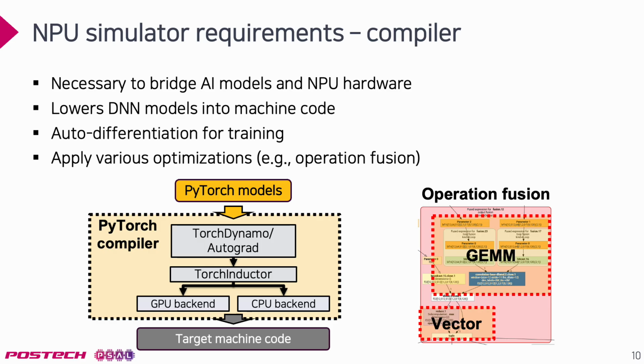And in addition, to support training, they need to perform auto differentiation to generate the computational graph for the backward pass without requiring a huge amount of human effort. Also, during the lowering process, they apply various optimizations, such as operation fusion. For example, a GEMM operation followed by a ReLU operation can be fused into a single operation to reduce the DRAM access traffic and the execution time.